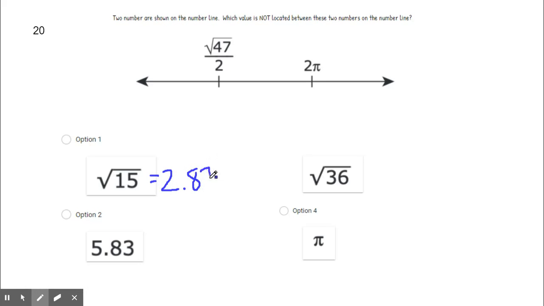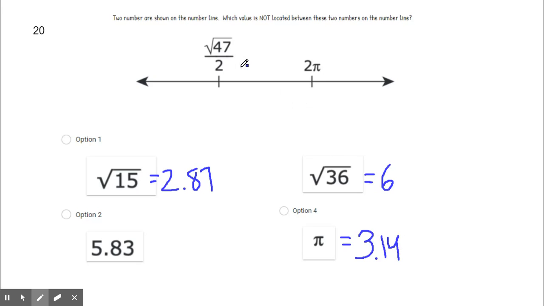But I'm just going to do it this way. The square root of 36 is 6. 5.83 is already that way. Pi, those who had me as a math teacher last year, you better not have forgotten what pi is. Pi is my birthday, 3.14. And then I want to see what these mean.